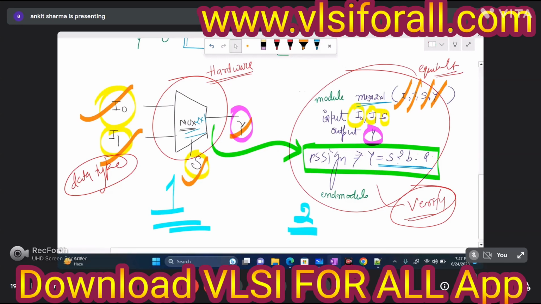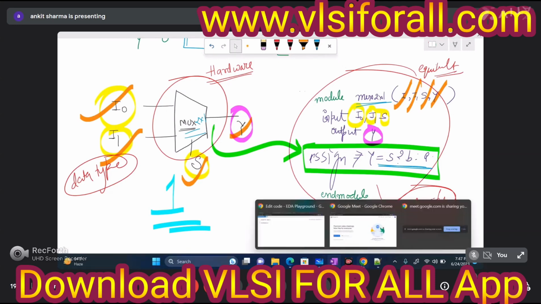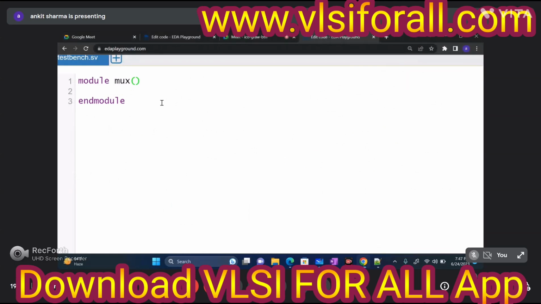And this is the exact equation. So this is very equivalent. That means the total hardware is described in the form of a language. So this is mux 2x1.